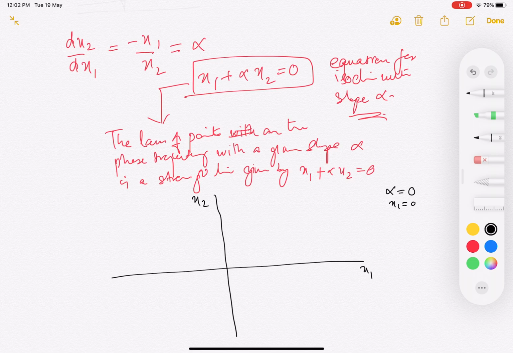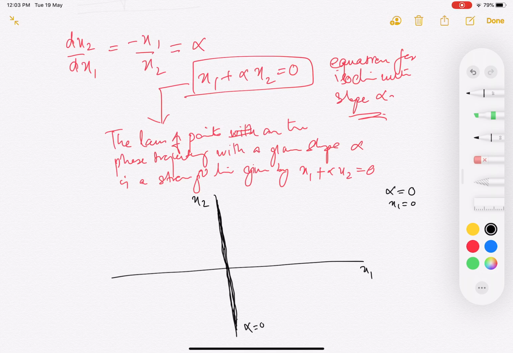And x1 is equal to 0 is this line here. It's the x2 line. So this is the alpha is equal to 0 isocline. When I draw this line, what I'm basically drawing is the locus of all the points on the straight trajectory for different initial conditions with slope 0.